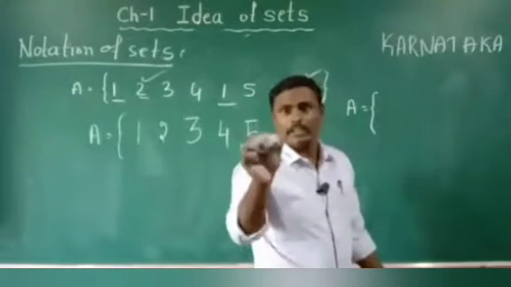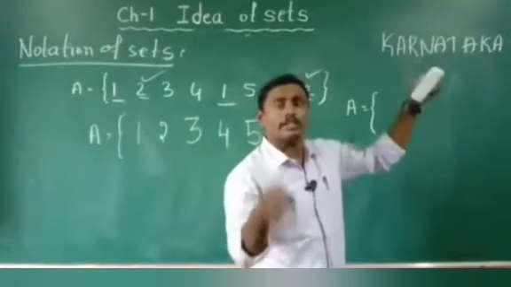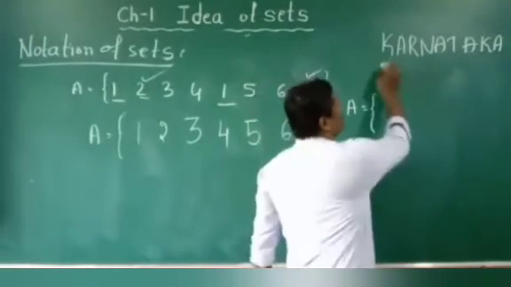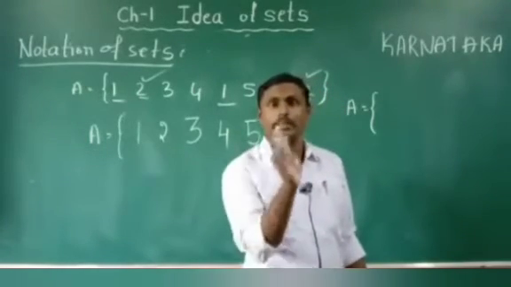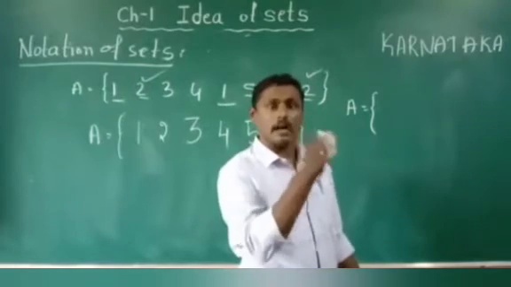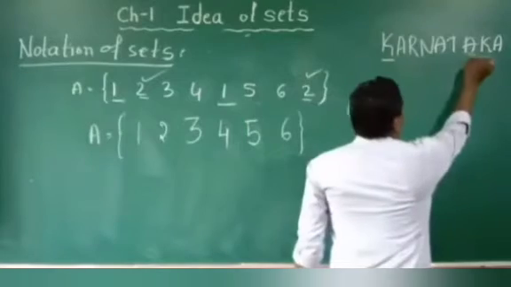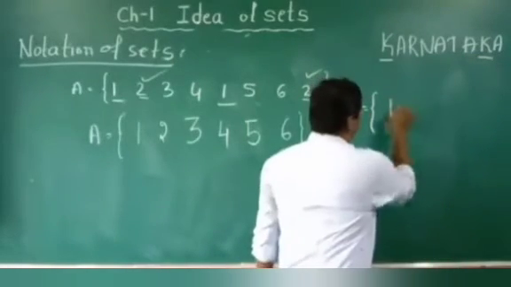If the letters or numbers or elements are repeated more than once, we need to consider one time only. Just before writing the set, observe whether the letters are repeated or not. K and K. K is repeated 2 times. Just take it as one time only.